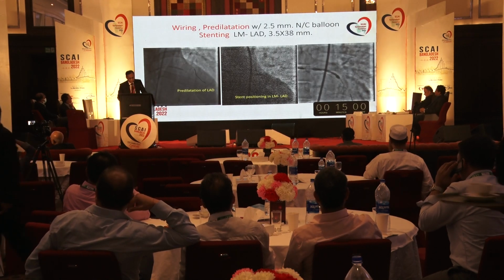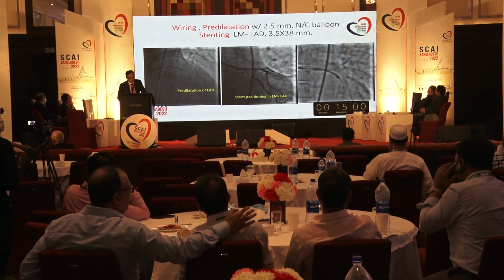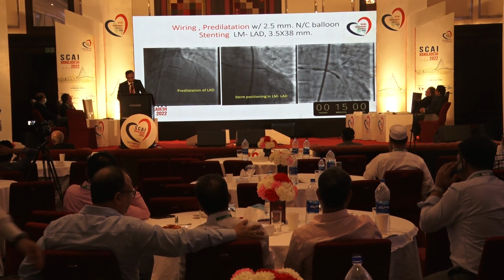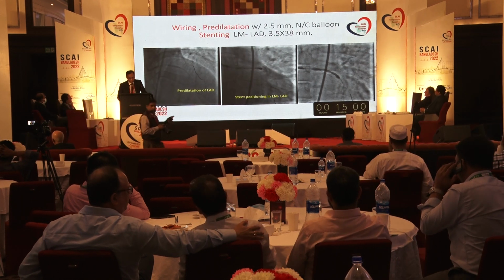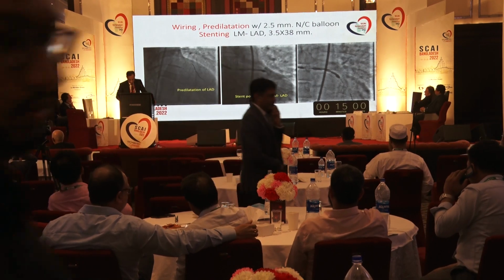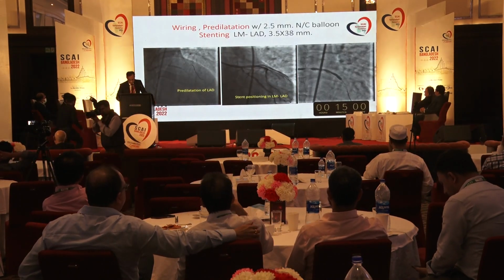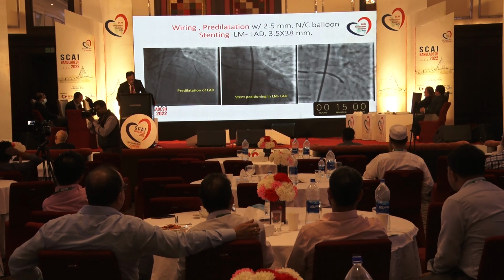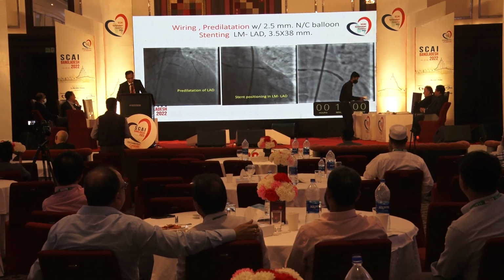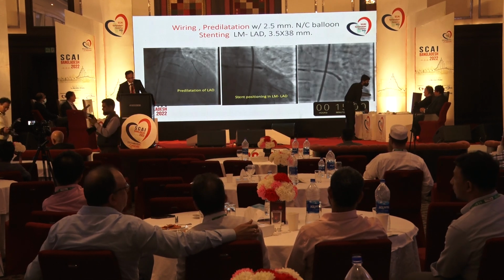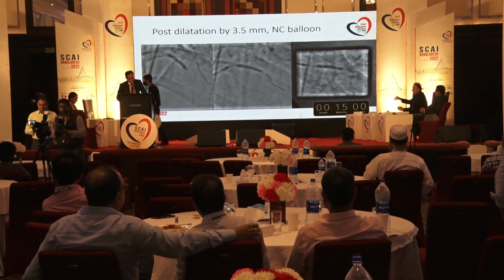So we started as usual with wiring of both vessels, pre-dilatation with a 2.5 mm NC balloon, then stenting the left main to LAD 3.5 by 38. We pre-dilated the LCX also initially before doing the stent into the LAD. So post-dilatation of the LAD and left main stented.